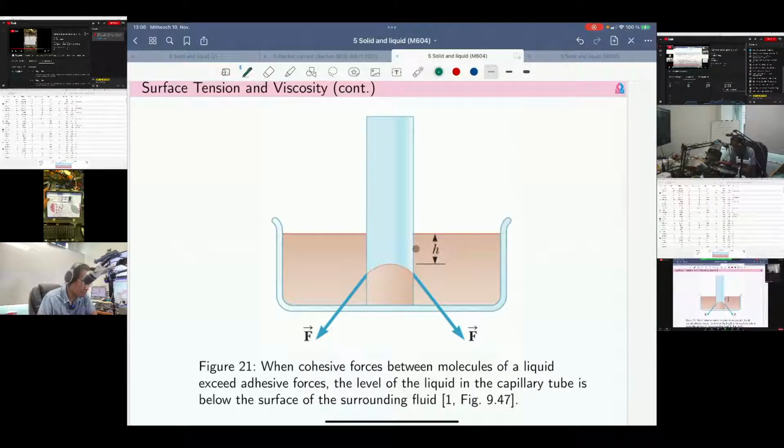And of course, if we measure the angle in this way, we call it angle phi. And there is the height, when we measure it from the typical level of the mercury to the highest level of the mercury inside the capillary tube. Here, when the cohesive forces between molecules of a liquid exceed the adhesive force, the level of that liquid in the capillary tube is below the surface of the surrounding fluid.